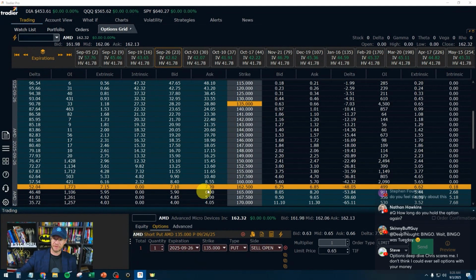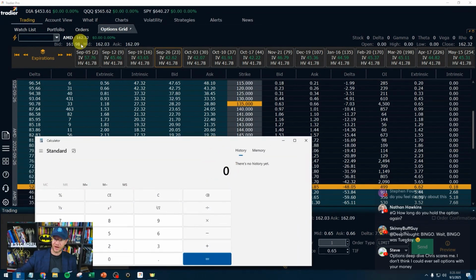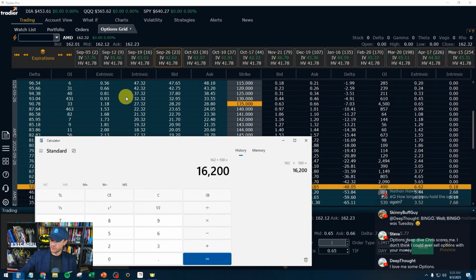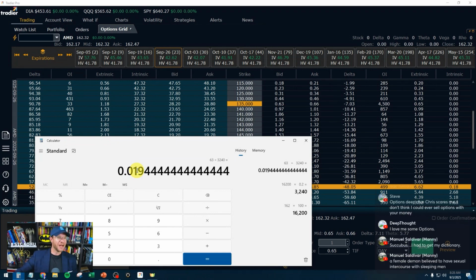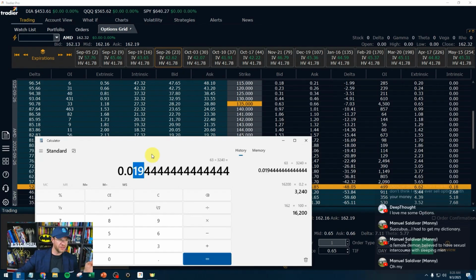The broker is going to have you put up at least 20% of what this is. So 162 times 100, 16,200 times 0.2. Your broker is going to make you put up at least 32.40. If you take 63 divided by 32.40, that gives you a paltry, amazing, a huge 1.9% return. 1.9% return on this incredible, tremendous, beautiful options trade.